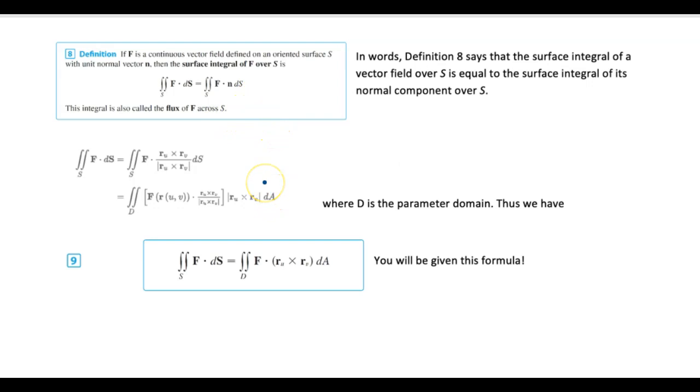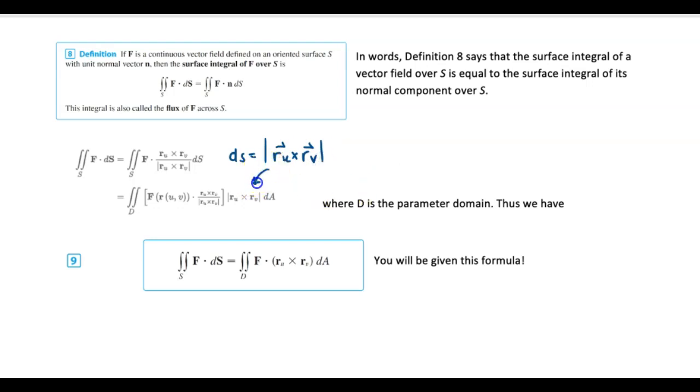And one more thing we're doing is that we know that dS, remember that dS is equal to the magnitude of the partial derivative with respect to u cross partial derivative with respect to v, right?